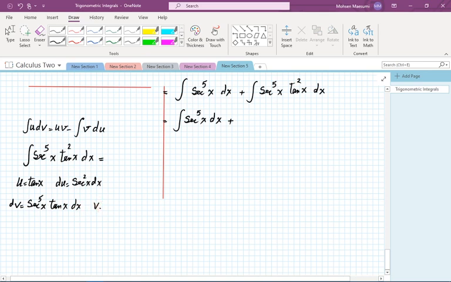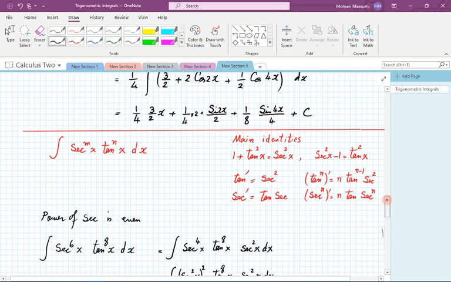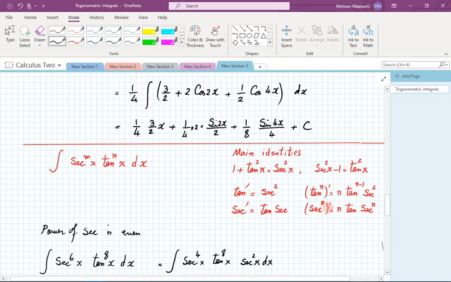Now what is v? What comes to the rescue is a formula I noted here. If you have secant to a power, you differentiate it, a tangent is born and secant stays to the same power it was. Okay, secant to power n, you differentiate, is n tangent secant to power of n again. So over there I have tangent times secant to power of 5. The antiderivative of it will be secant to power of 5, except that it's missing this.